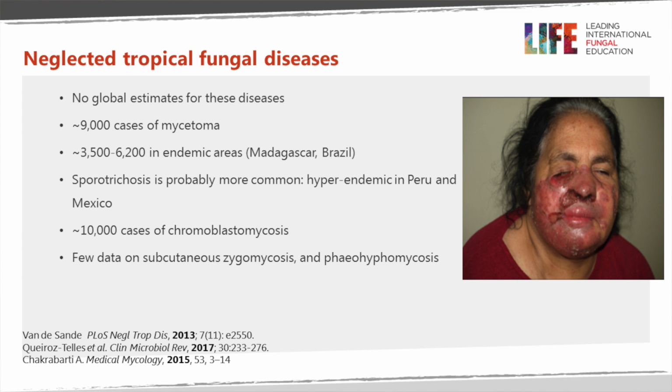Chromoblastomycosis is also of the same sort of order of magnitude, probably around 10,000 cases worldwide. There are more cases probably of sporotrichosis, but again, we haven't been able to count them accurately. And then some much rarer infections like subcutaneous zygomycosis and phaeohyphomycosis. This clinical example here is chromoblastomycosis from Brazil.